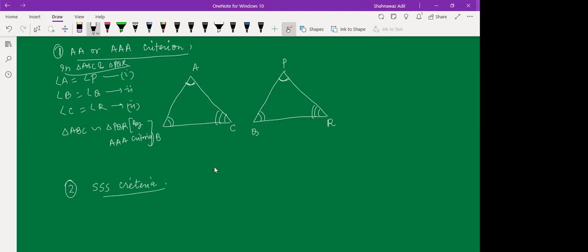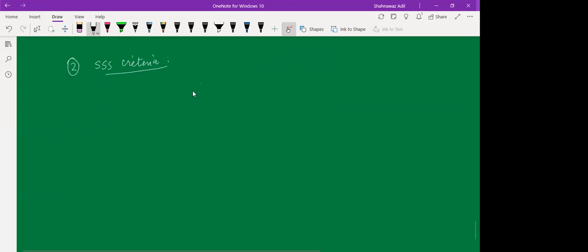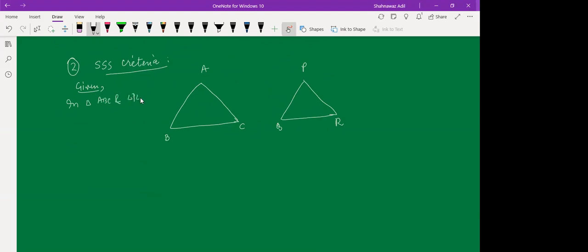So what is SSS criteria? If we have two triangles, and it is given that in triangle ABC and triangle PQR, you have AB by PQ equal to BC by QR, and this is equal to AC by PR.